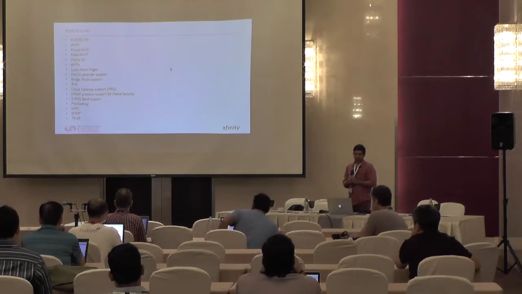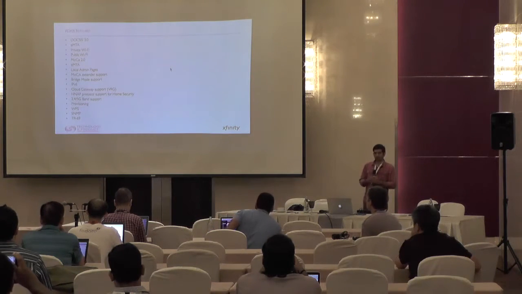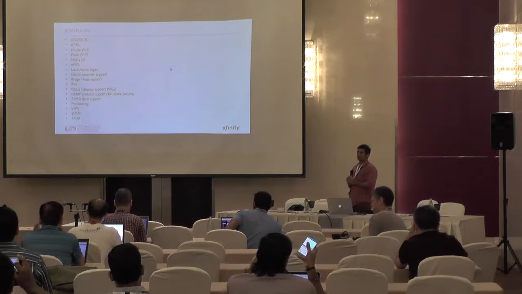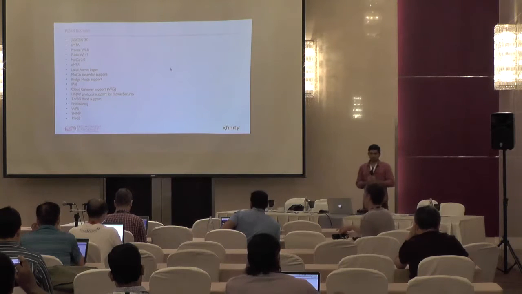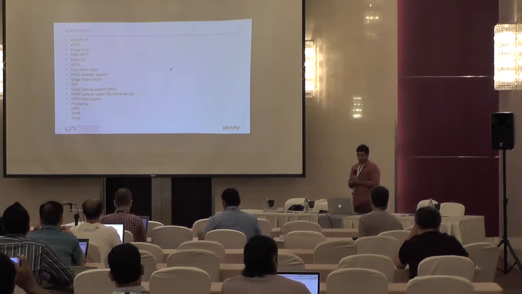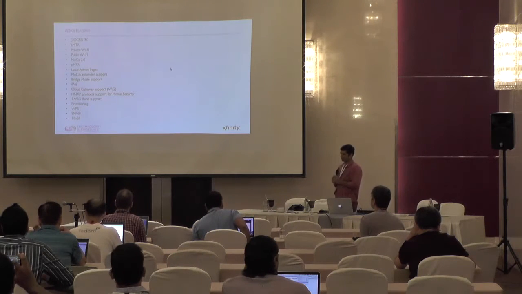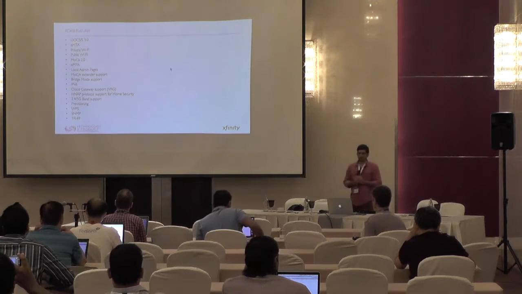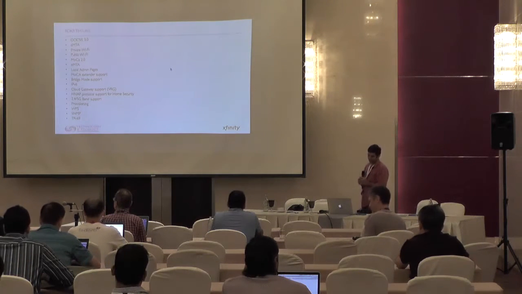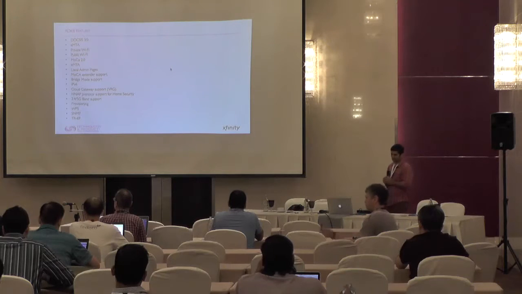MoCA is essentially for all the cable connections in the home. So we have the MoCA drivers and the MoCA APIs that are available. Anybody who is designing a device to operate in cable operations basically implements the MoCA APIs and provides the MoCA hardware.